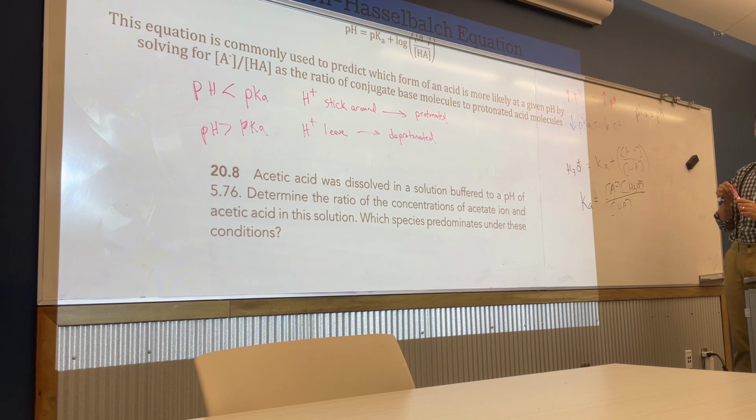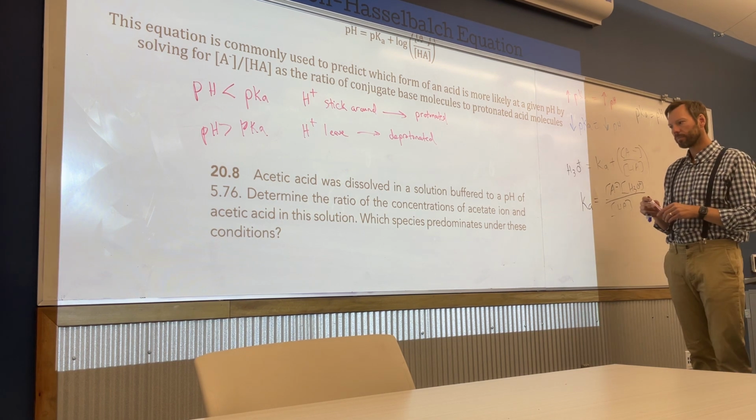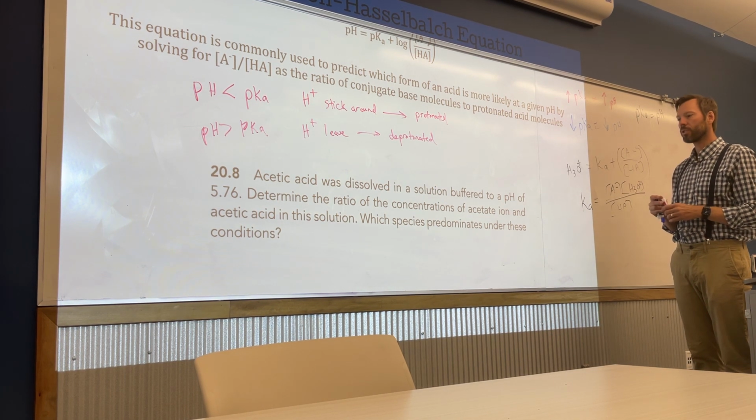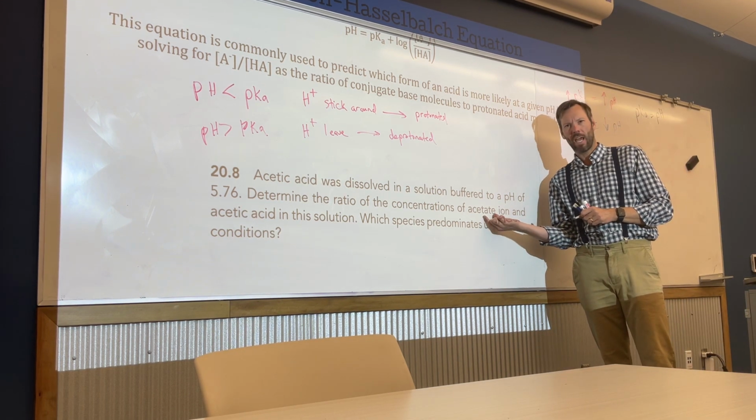So for this, acetic acid was dissolved in a solution buffered to a pH of 5.6. What is the ratio of concentrations of acetate ion and acetic acid? And which predominates? So remember, if we deprotonate something, we just put -ate on it.